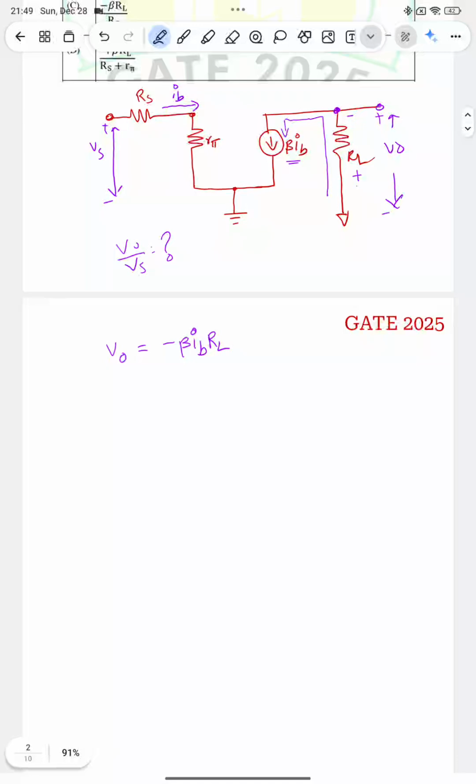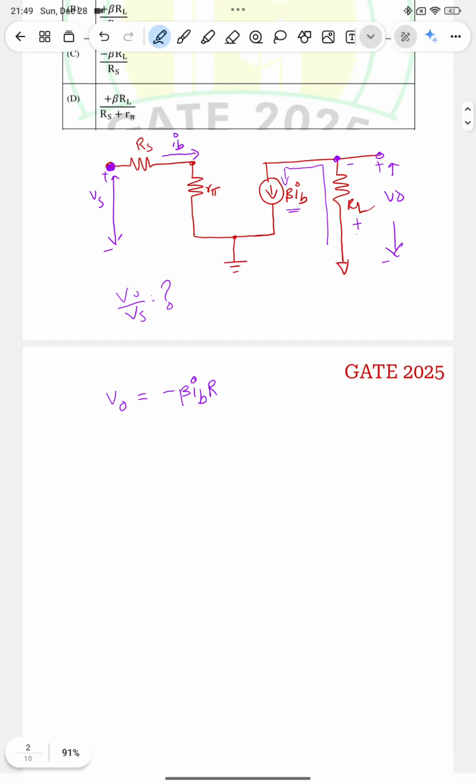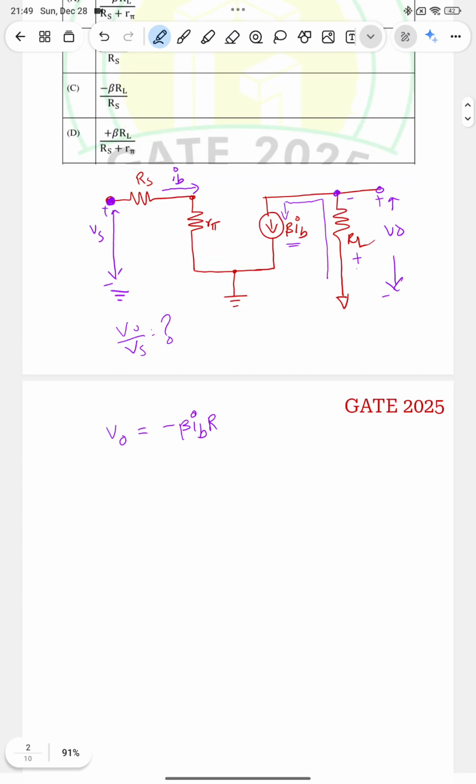Here we need to find V0 by Vs, so we have to find IB in terms of Vs. From the input network, the voltage Vs is from this node to the ground.